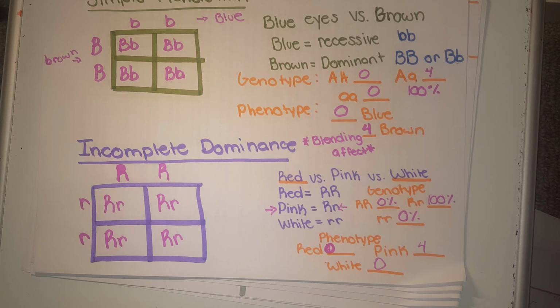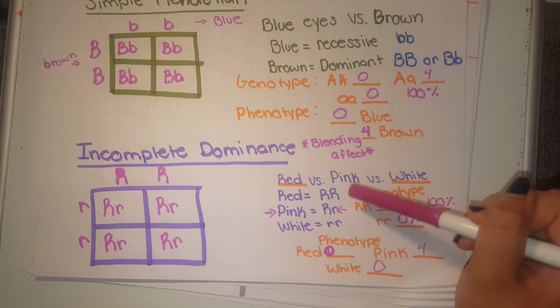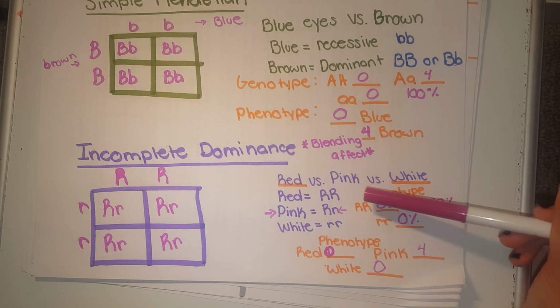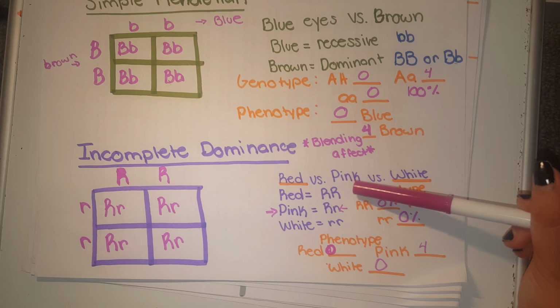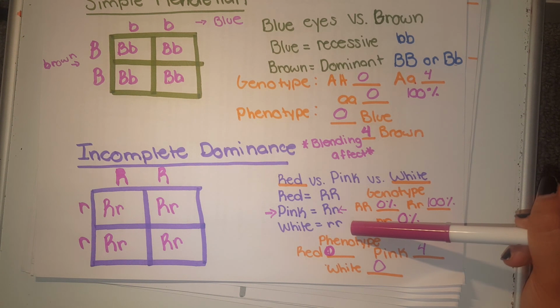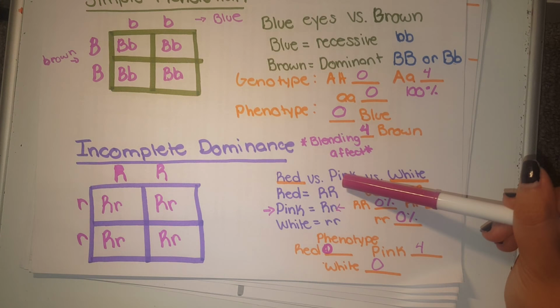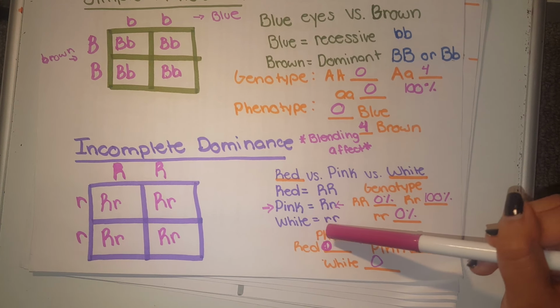Next, we will try incomplete dominance. Remember, incomplete dominance has a blending effect, and remember, it has red versus pink versus white. That's the way we're going to do it. And this is our little legend, basically. We're going to see that red equals homozygous dominant, pink is a heterozygous trait, and white is homozygous recessive, because homozygous dominant is big letters, homozygous recessive is little letters.